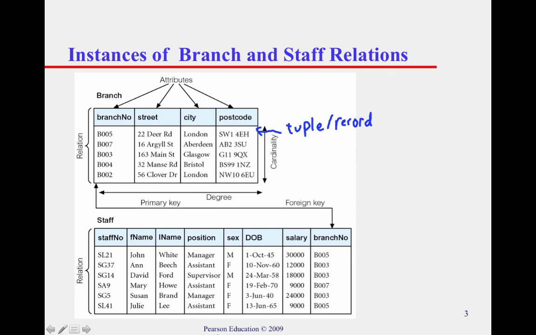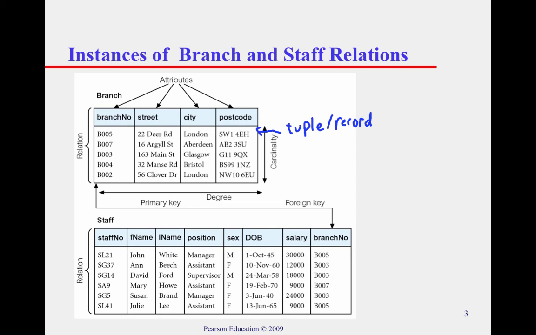And you'll notice that in the staff relation, there is a column called branch number. And that is the key for the branch relation. So we call branch number a foreign key. If you remember, it's essentially a pointer to a record in the branch relation.